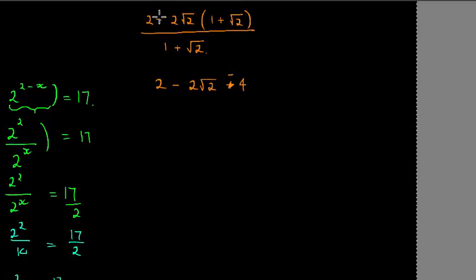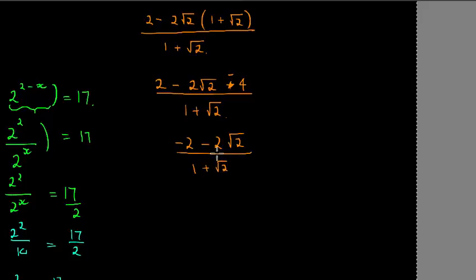Why minus? Because there's a negative in front. And in my denominator I get 1 plus square root 2. So we're not doing too badly. Then 2 minus 4 is minus 2, minus 2 square root 2, over 1 plus square root 2.